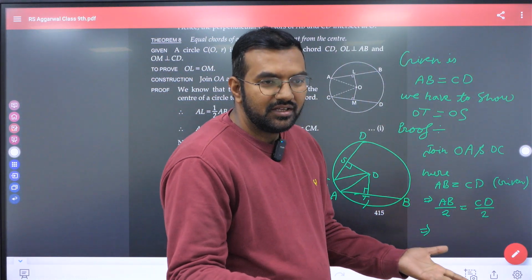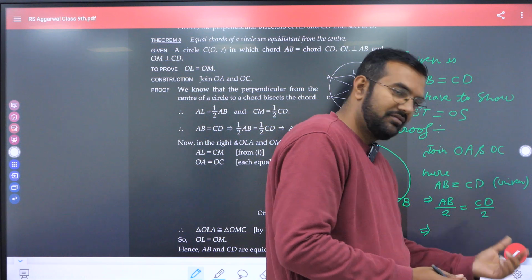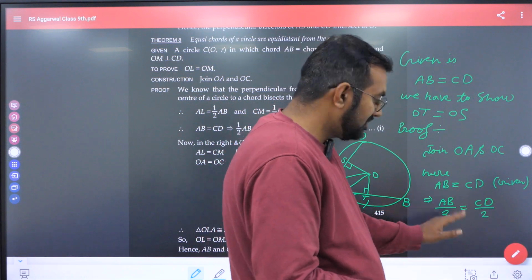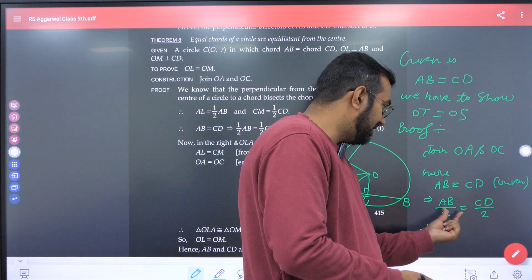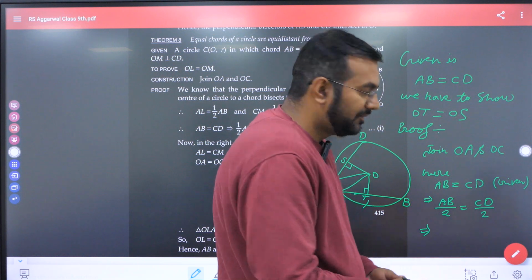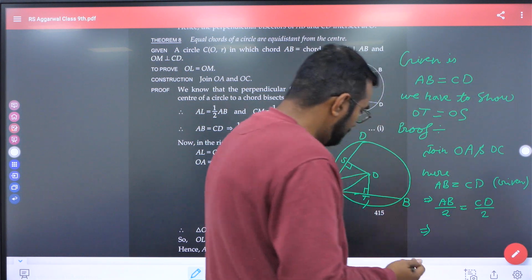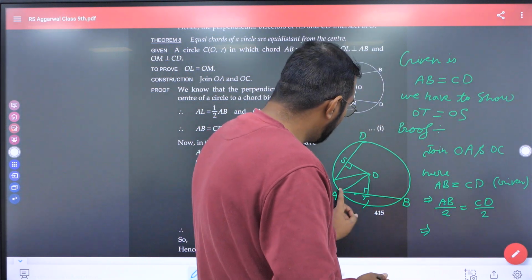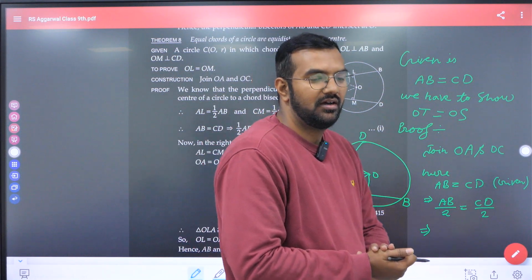It is obvious. If two things are equal, then their half will also be equal. No need whether it is given or not. But now I am saying that half AB will be equal to AT. How is this?